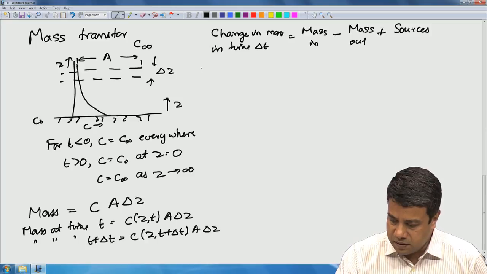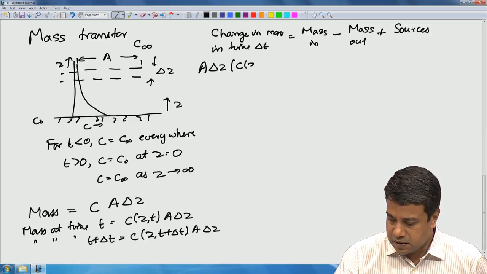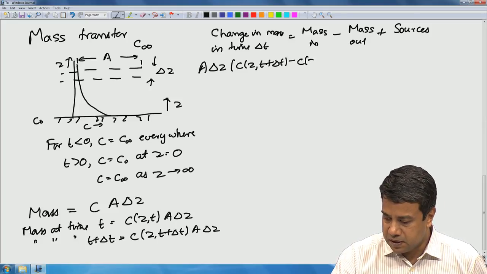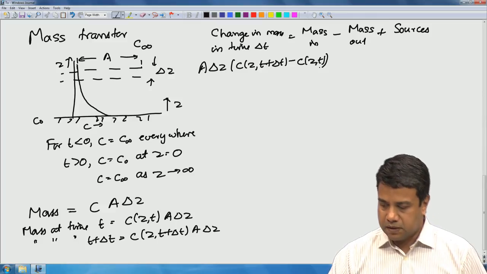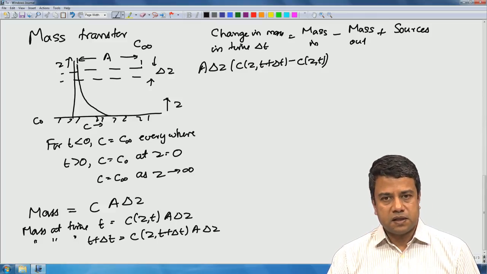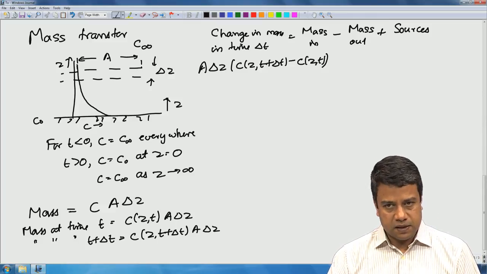So, this is going to be equal to A delta Z times C at Z, t plus delta t minus C at Z, t. That is going to be the change in mass within a time delta t.